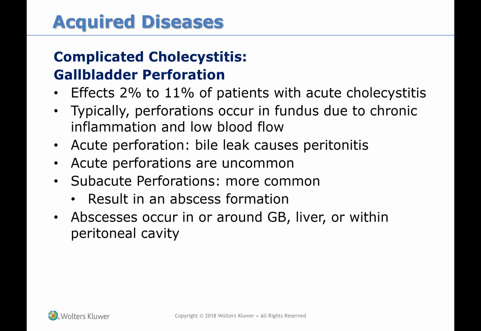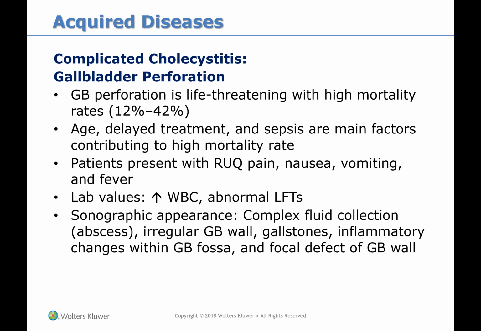Subacute perforations are more common, resulting in abscess formation, and abscesses occur in and around the gallbladder, liver, and peritoneal cavity. So these patients are so sick. It's very life-threatening, and it has a high mortality rate. Age, delayed treatment, and sepsis are the main factors for the increase in death rates.